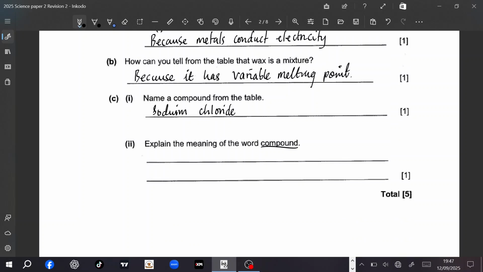So in explaining a compound, you can say a compound is a combination.